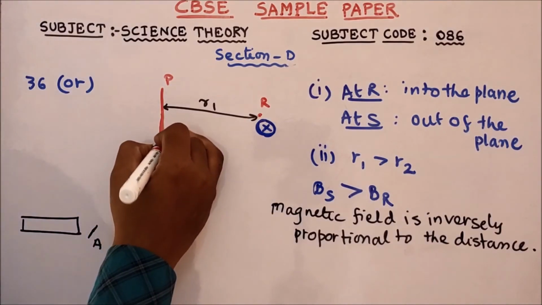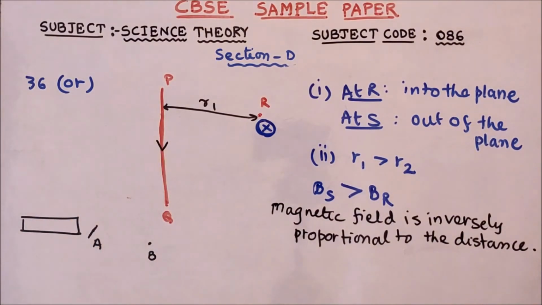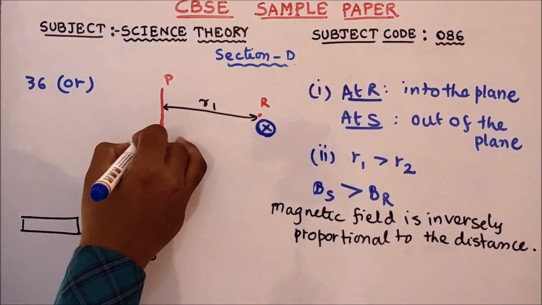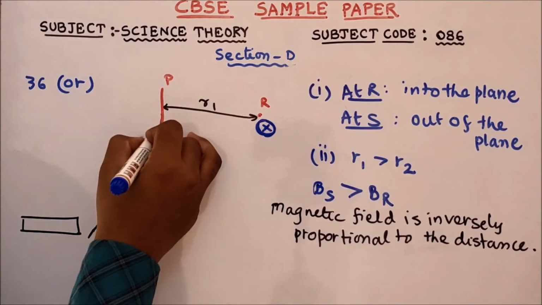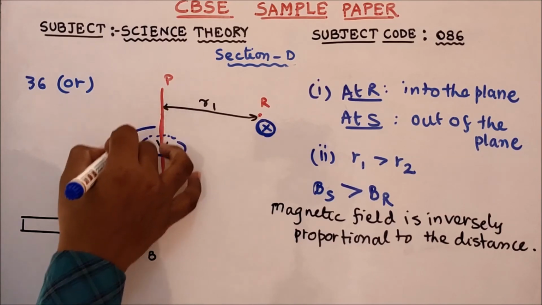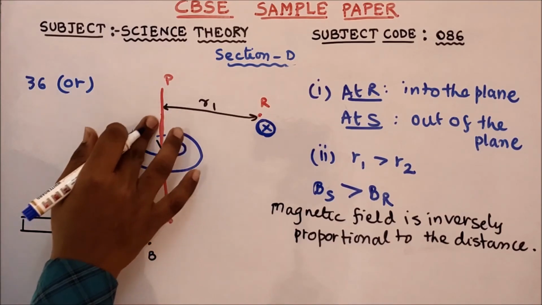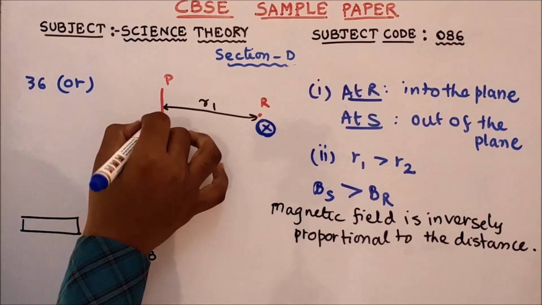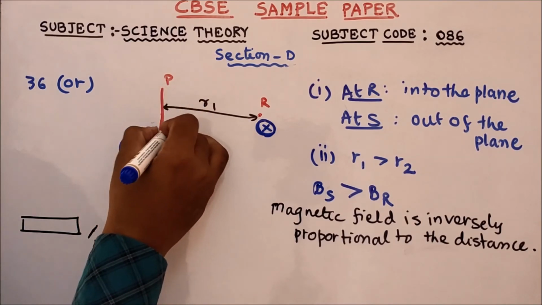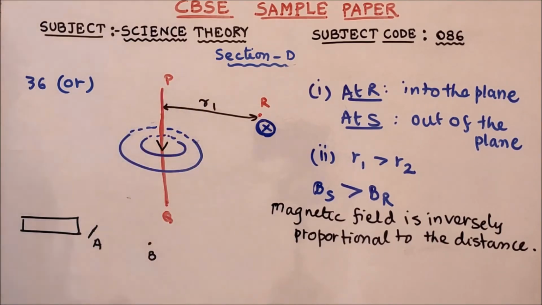Now it flows from P to Q. Earlier it was flowing from Q to P. Again, there is no change in the shape of the magnetic field lines. So what is the shape? Concentric circles. You can draw as many concentric circles as you want, but it should look neat. Please give emphasis to clean paper presentation.